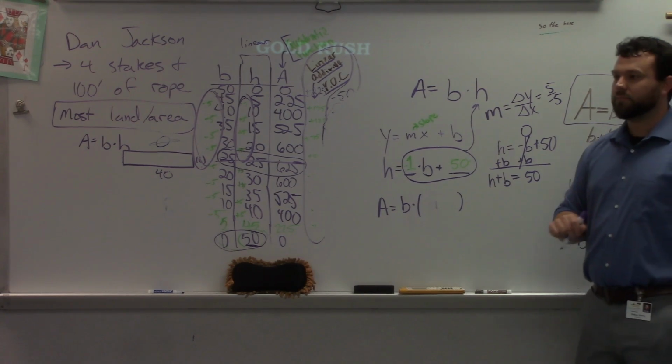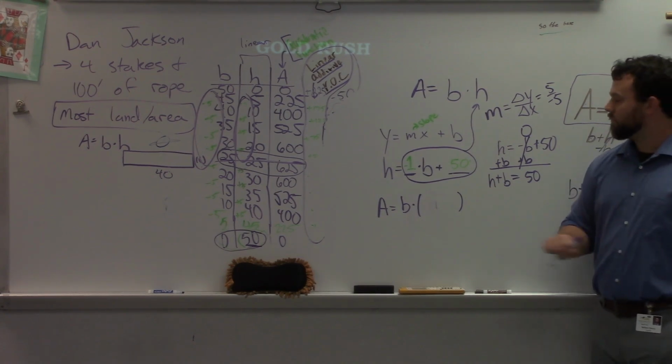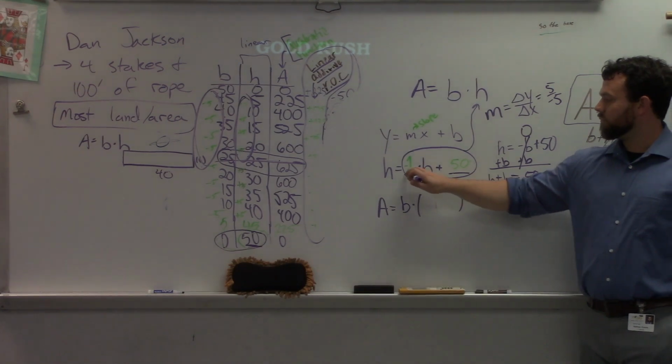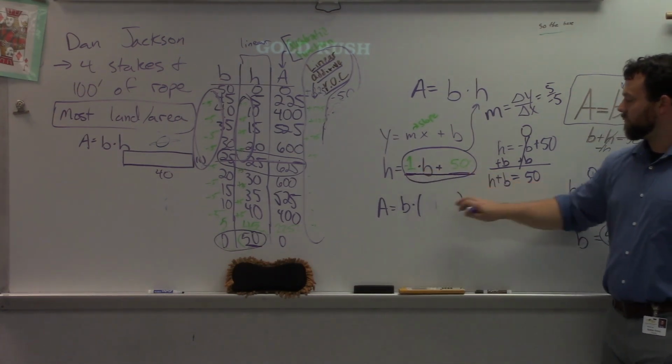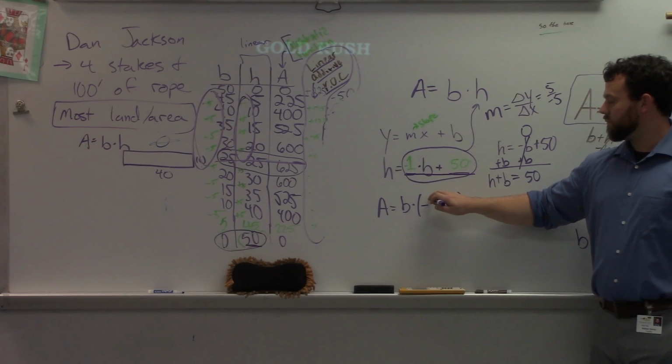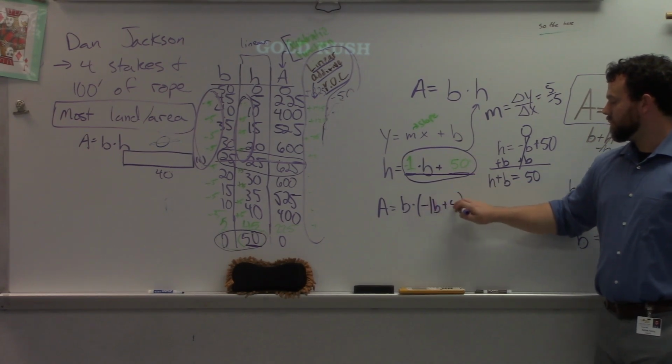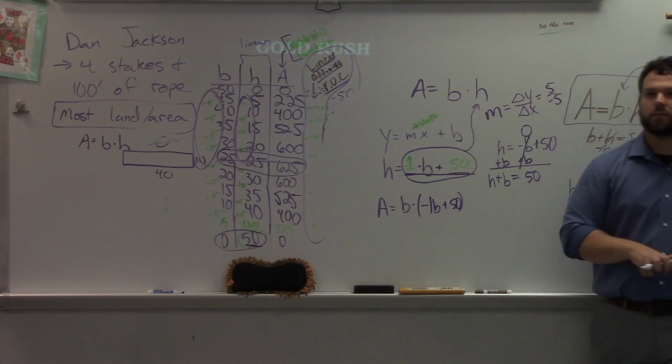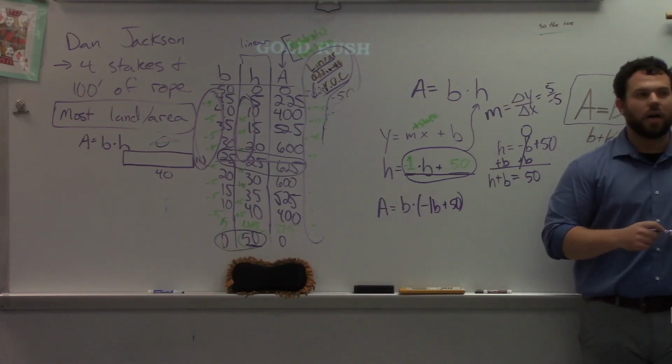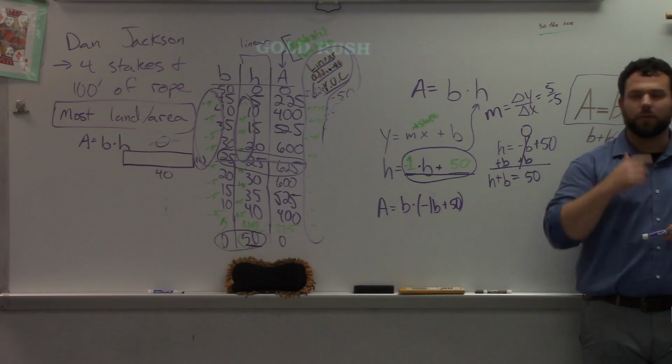Not just 50. Negative 1b plus 50. Guys, that's what h is, isn't it? No matter what the base is, the height is negative 1b plus 50.